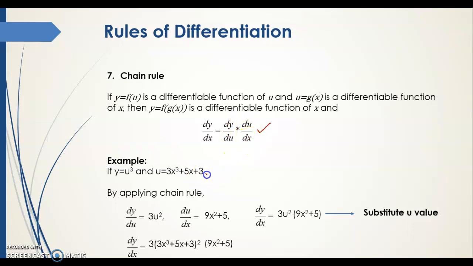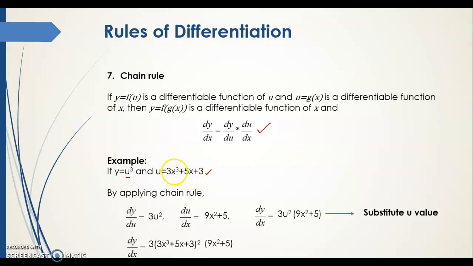So suppose you have been given this equation where y equals u cube and u equals this function. By applying the chain rule, first you will find dy/du. So this is the x raised to power n formula, which is n into u raised to power n minus 1. So this is 3u square. Then you will find du/dx. So this is the sum or difference rule.